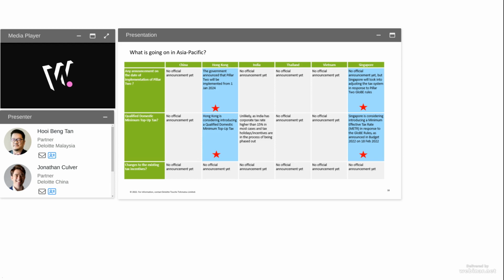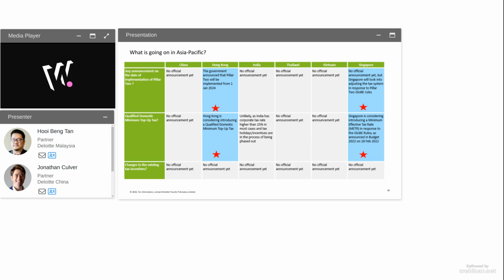Yeah, sure. Hong Kong had previously made an announcement of introducing the GloBE rules and planning to introduce a QDMTT. In the last couple of weeks, it's been clarified that Hong Kong will push back its GloBE implementation to 2024, and it's leaving the timing of the introduction of the QDMTT to be determined.